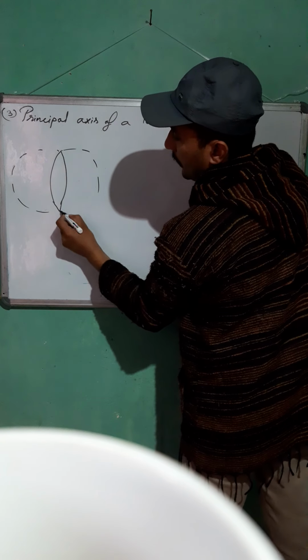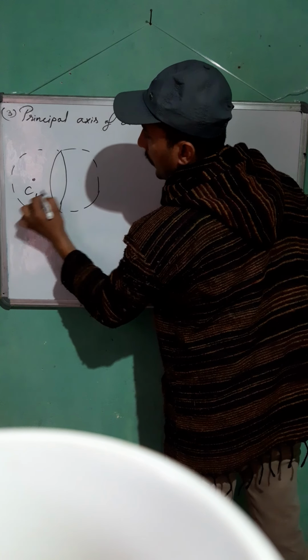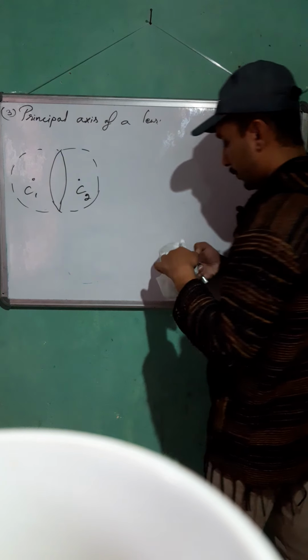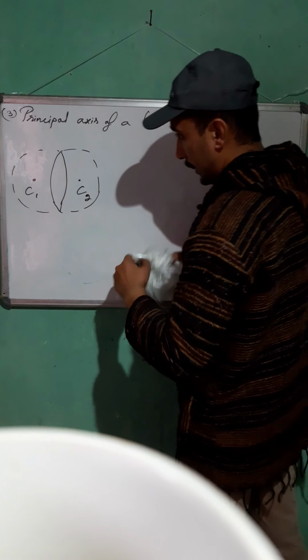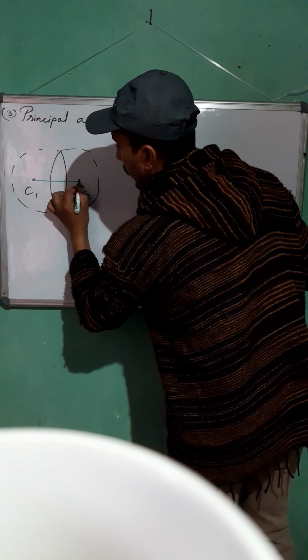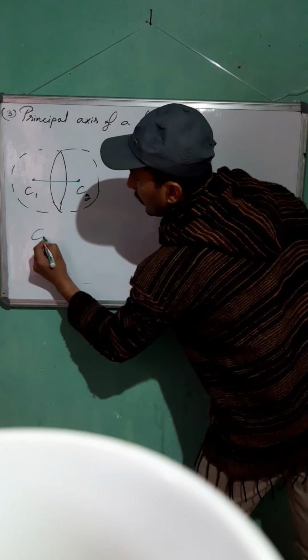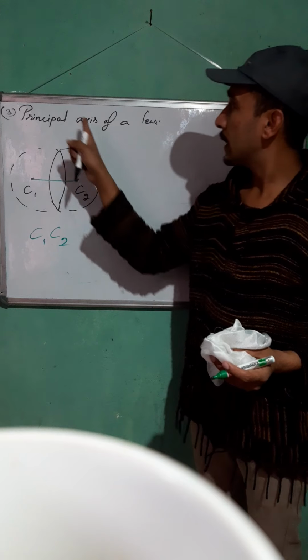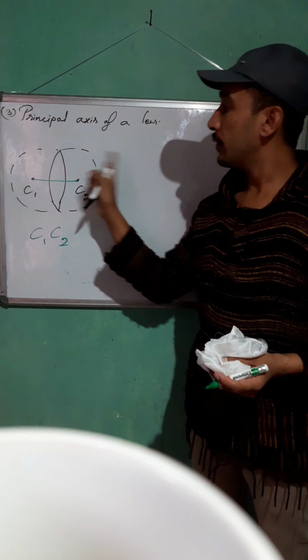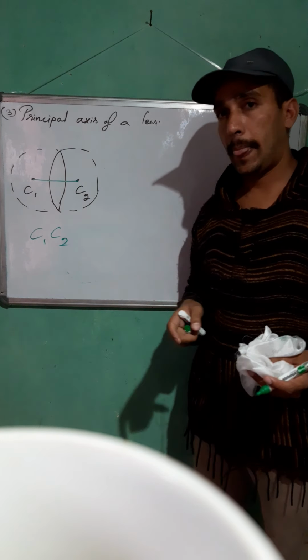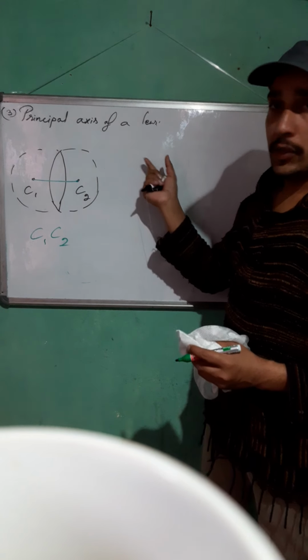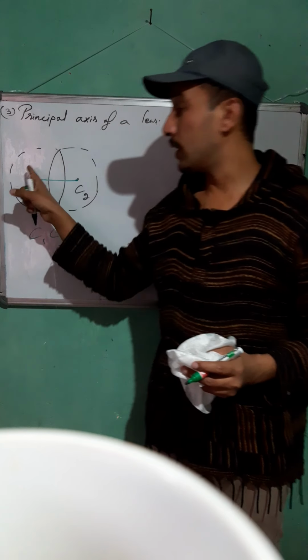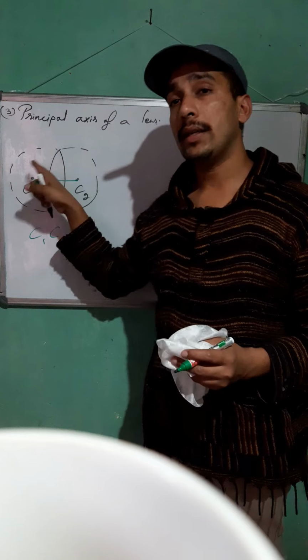This is the sphere. This side there was C1 and this side there was C2. So if you join these two centers with a straight line, then this straight line C1 C2 is said as the principal axis of this convex lens. So the principal axis of a lens is the straight line which joins the two centers of curvature of that lens.